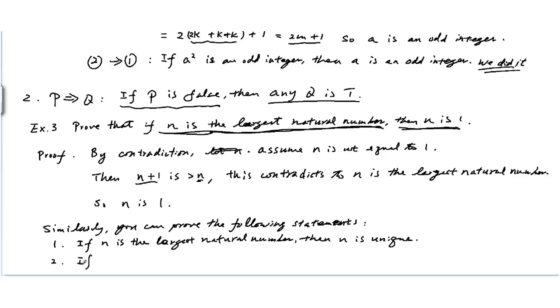Or second one, if n is the largest natural number, then it is 5. Of course, you know 5 is not the largest, but because the assumption is wrong, any consequence, any conclusion can be true. So that is the end of this topic.